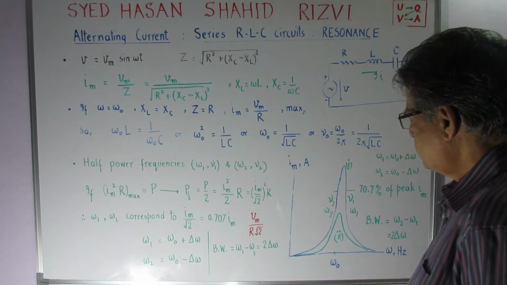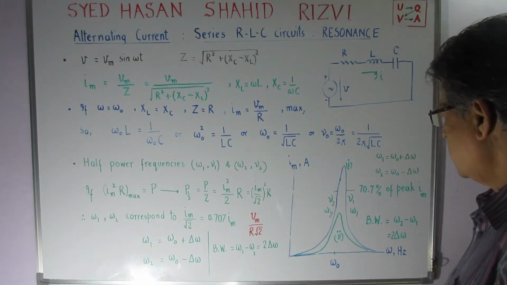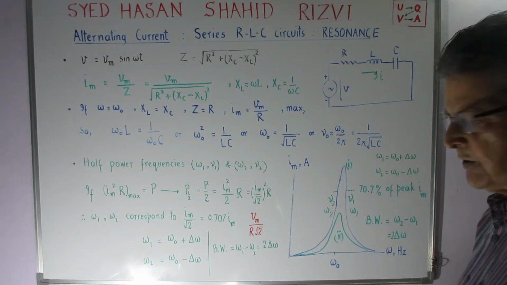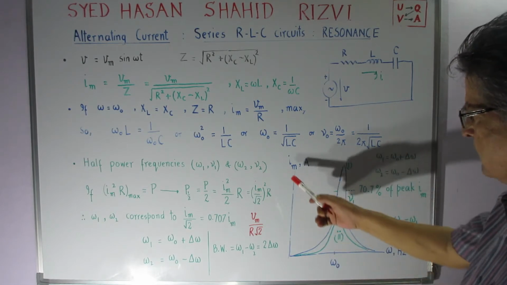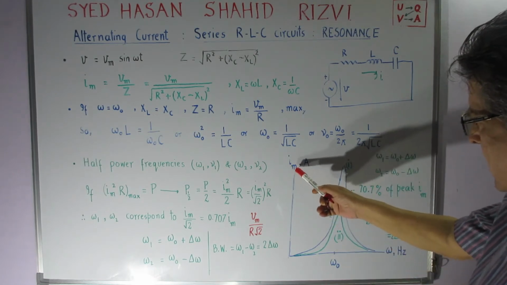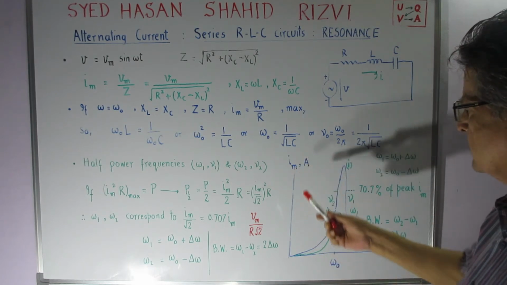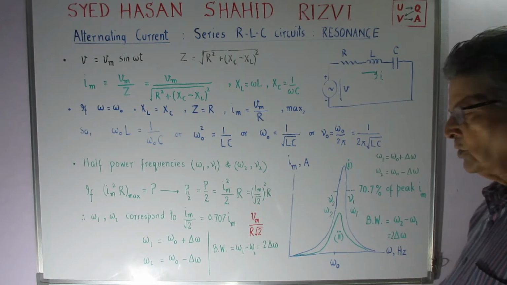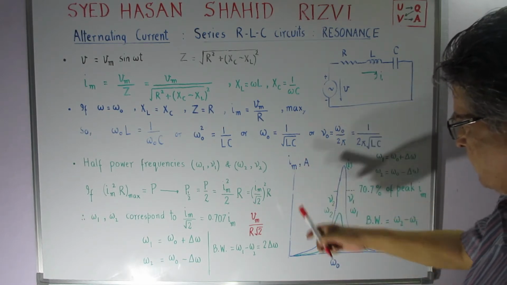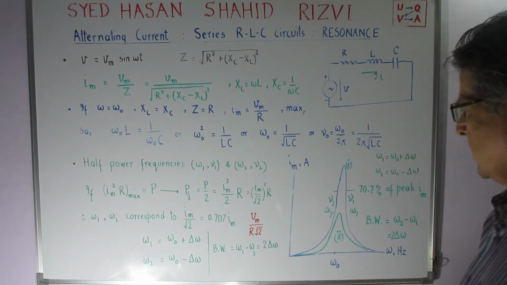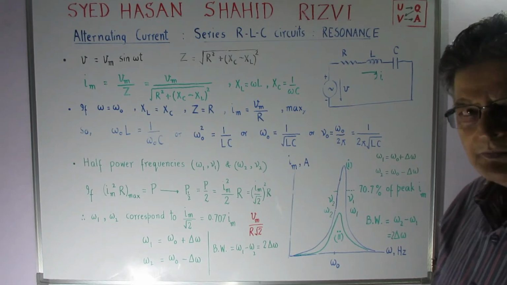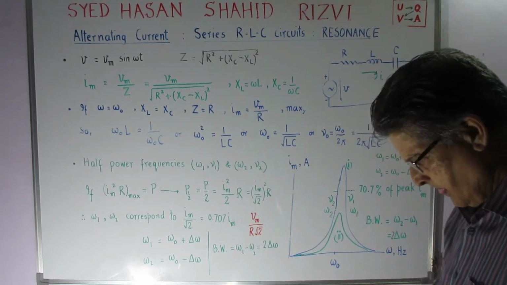Okay. Now, if I plot a graph of Im in amperes, naturally Im is equal to I root 2, where I is the effective value or the RMS value, which is a measurable quantity measured with the help of simple instruments.